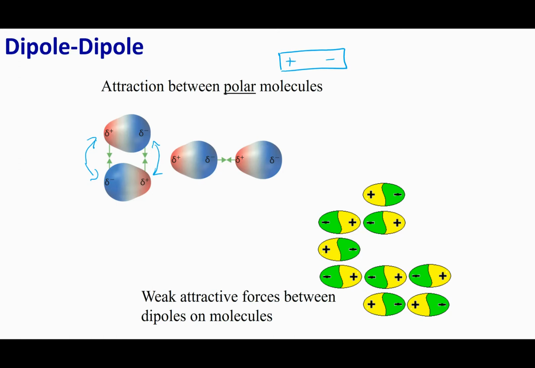Now, we can have two molecules be on top of each other like this, or another way that these molecules can be is end to end. And again, we have the negative end and the positive end pointed towards each other.